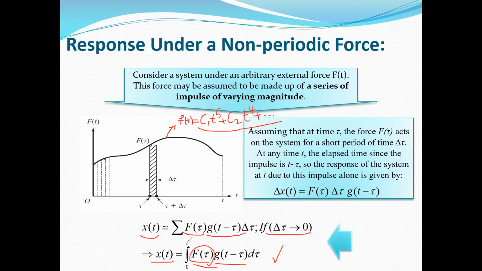Sometimes you can analytically solve this integral and obtain the response, but sometimes it's not possible to solve this integral analytically, and you need to use numerical methods, because sometimes it will be a complicated form. Since F(t) has a general and arbitrary form, maybe you cannot find an analytical solution for this integral, so you can use numerical methods to solve this integral.